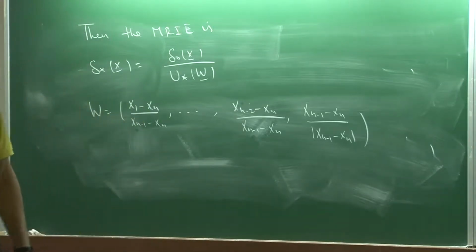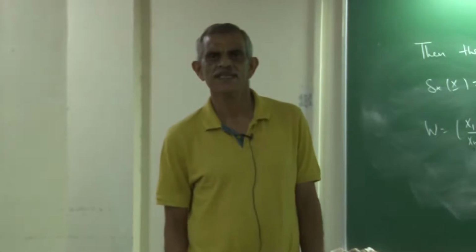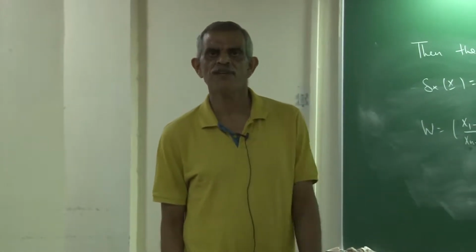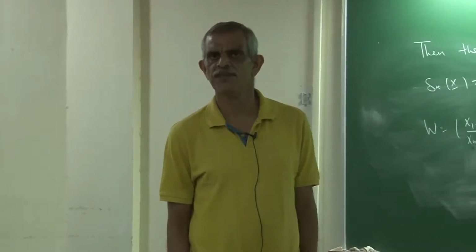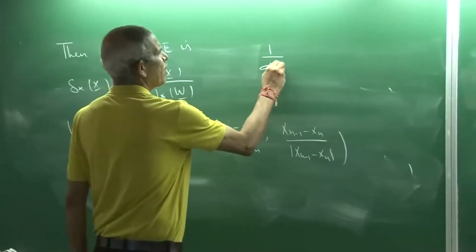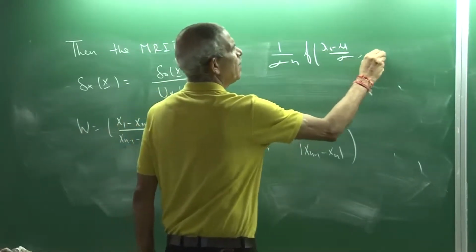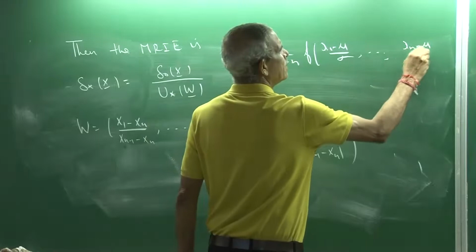Generally, to check whether a statistic is ancillary or not, you try to make certain transformations in the original distribution so that the transformed variable has a distribution which does not depend on the parameter. The original distribution was 1 upon sigma to power n f of (x1 minus mu) by sigma, ..., (xn minus mu) by sigma.